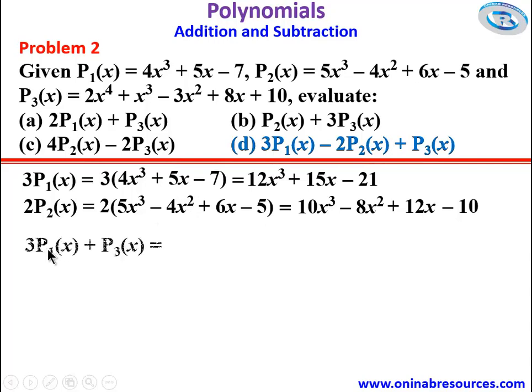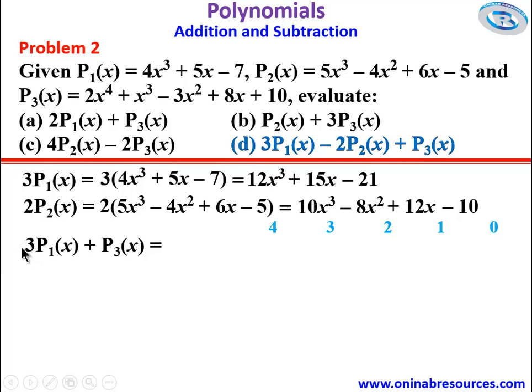That's going to give us 3P1 of x plus P3 of x. And the highest degree there is 4. So we still number 4 down to 0. And here, 3P1 of x has the highest degree of 3, and P3 of x has the highest degree of 4.